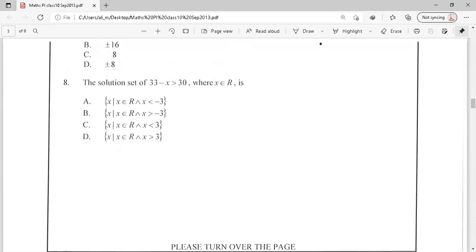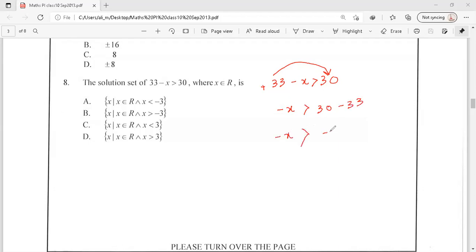Then we have question number 8, in which we have an inequality where x belongs to the real numbers, and 33 minus x is greater than 30. So first of all, let's shift this plus 33 to the right side of the inequality. So minus x would be greater than 30 minus 33, which equals minus 3.